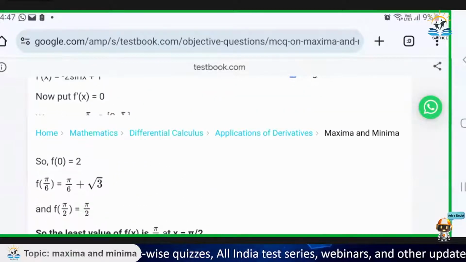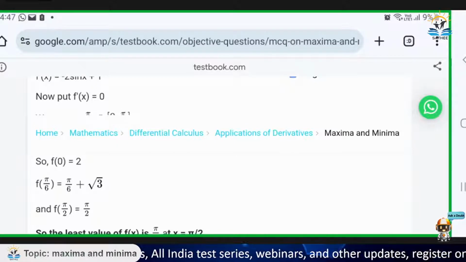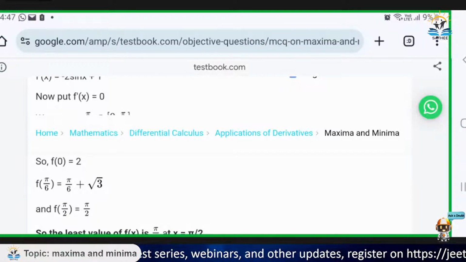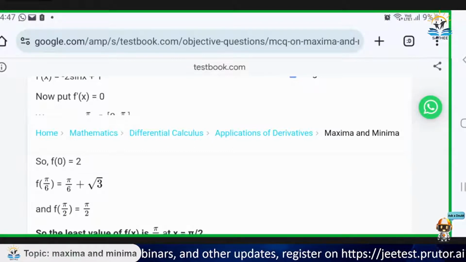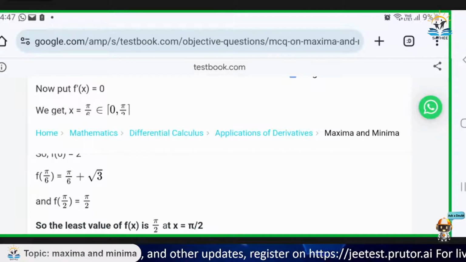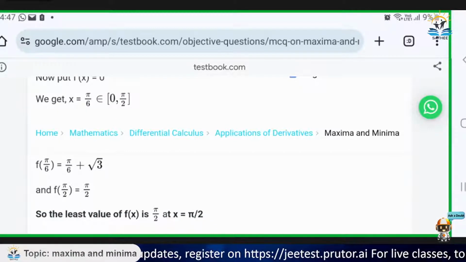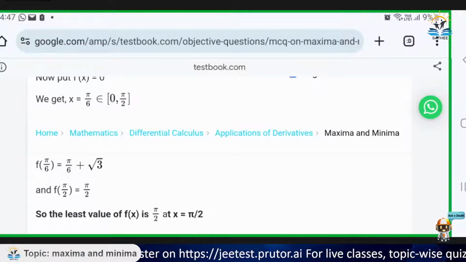So we know that pi by 6 plus root 3 is a local maxima, and we will compare the values among 2, pi by 2 and pi by 6 plus root 3. We can clearly see that pi by 2 is the least value among these. So the least value of f of x in the interval is at x equal to pi by 2 and the value is pi by 2.